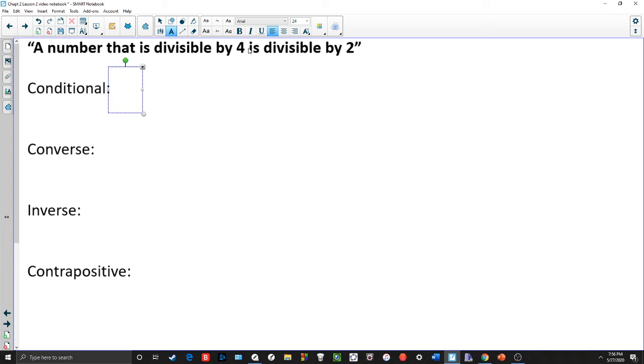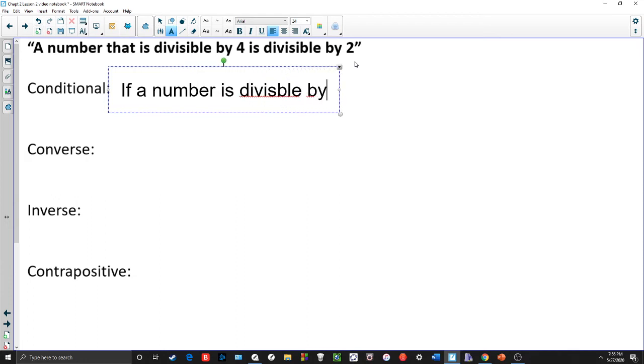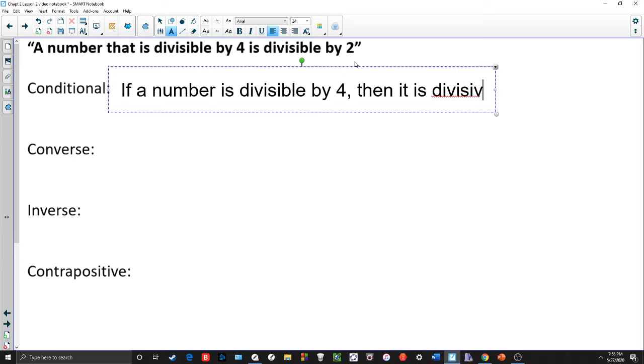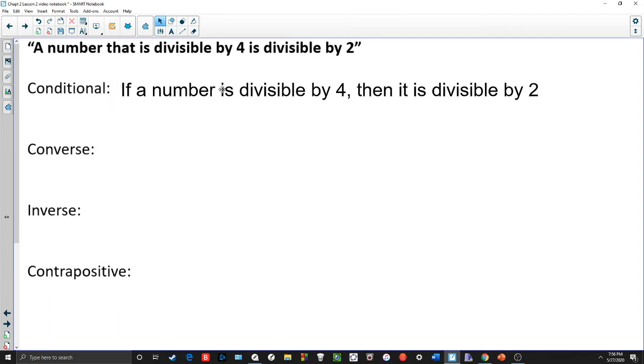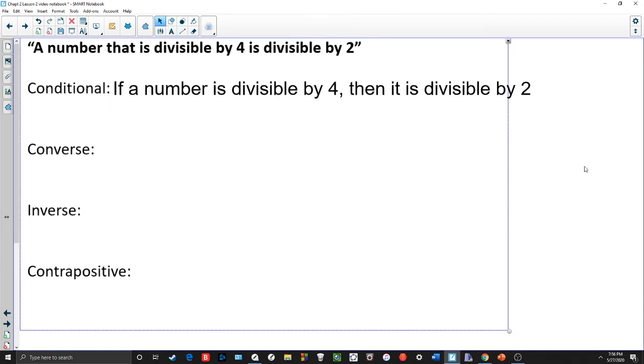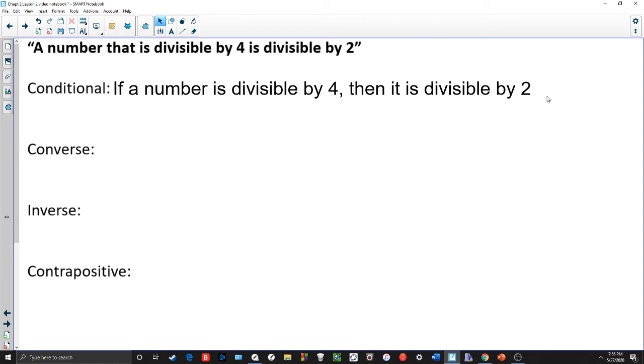That would be: if a number is divisible by 4, then it is divisible by 2. This would be my statement. If a number is divisible by 4, then it is divisible by 2. And that would be a true statement.